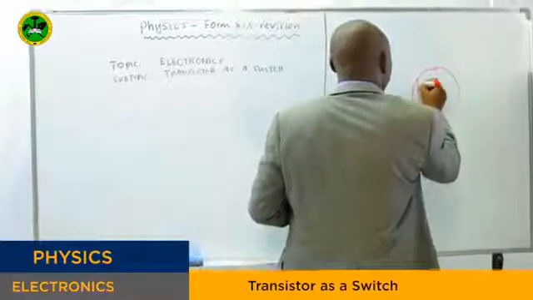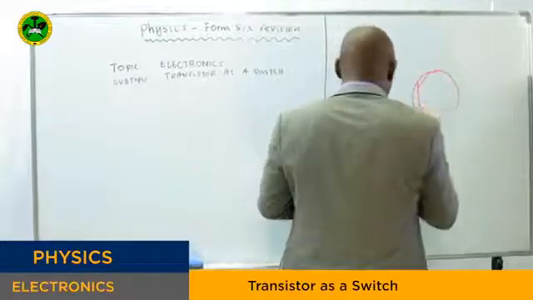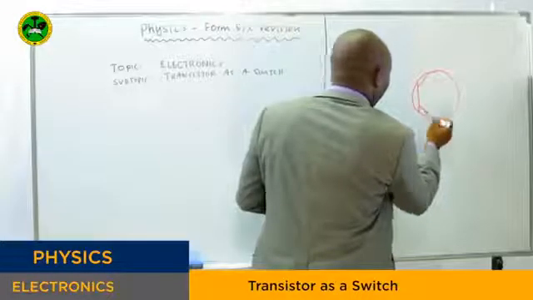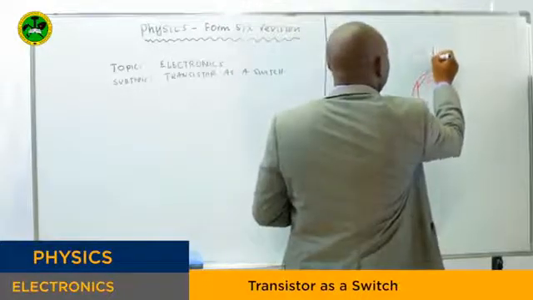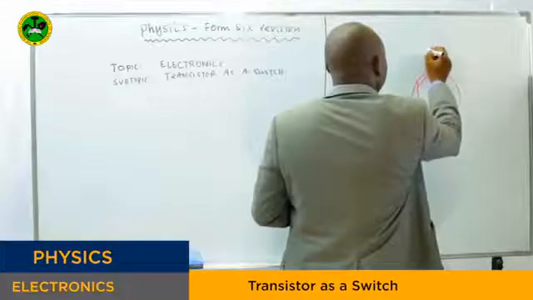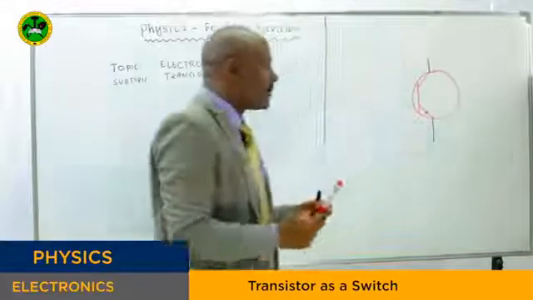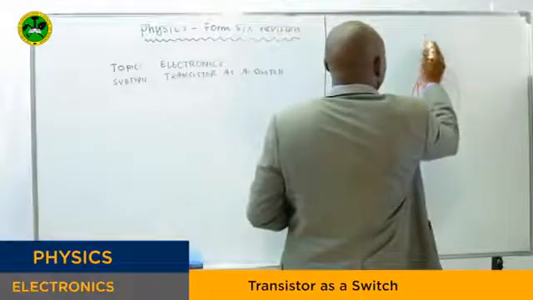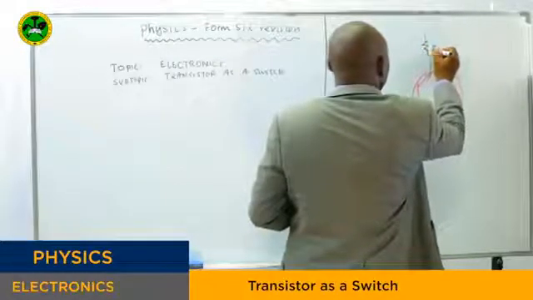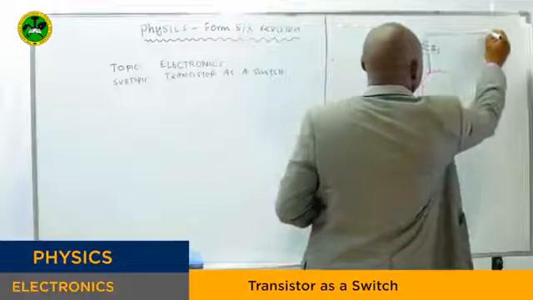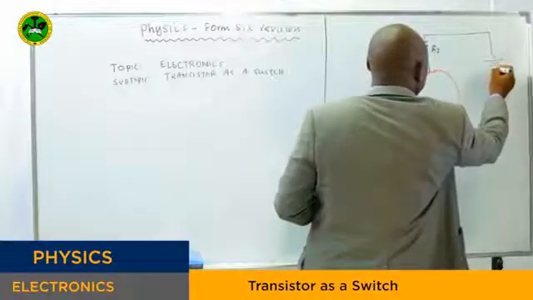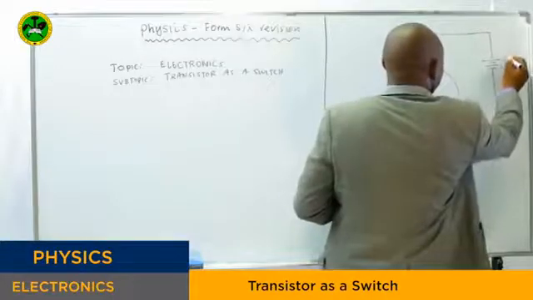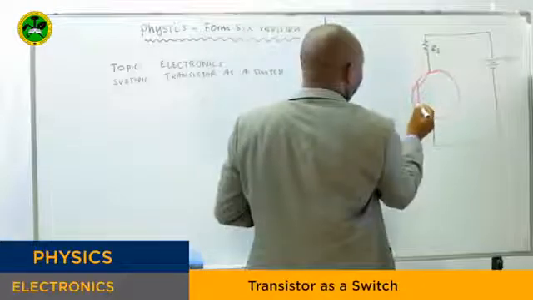This is our NPN transistor. The question says we had the load resistance, which is R2. That's where you have R2 here. This is our supply voltage.